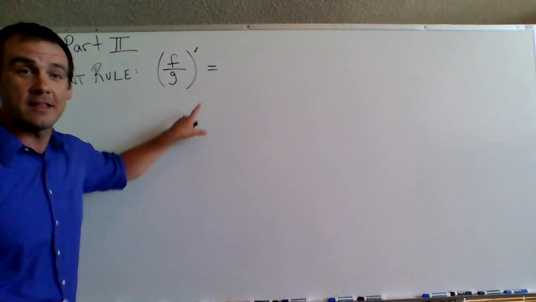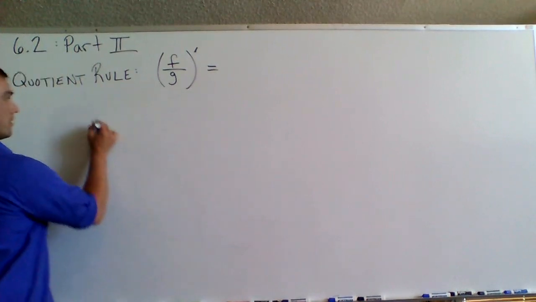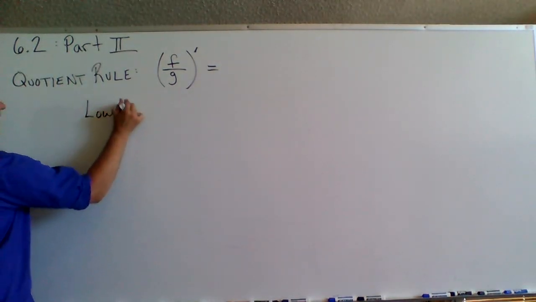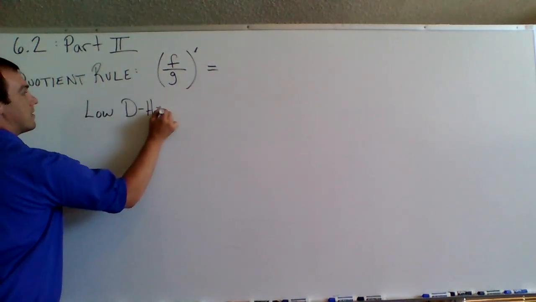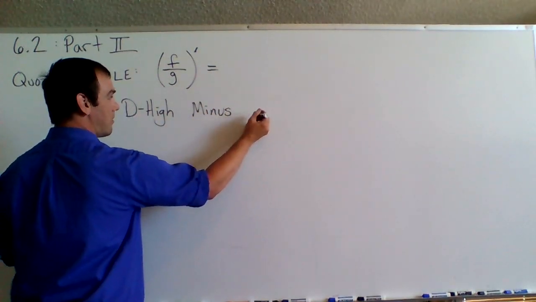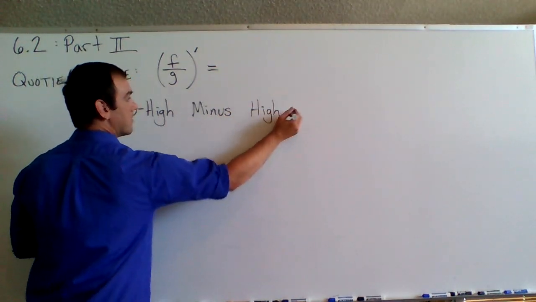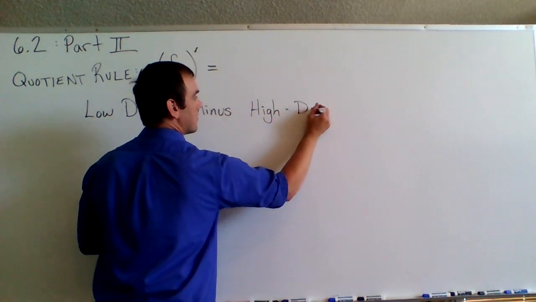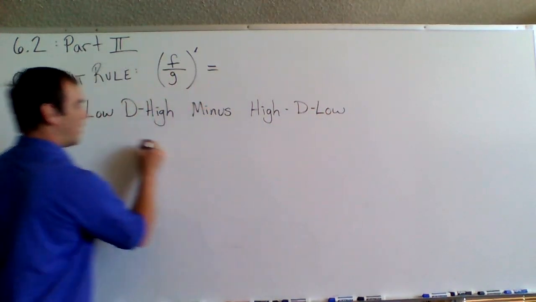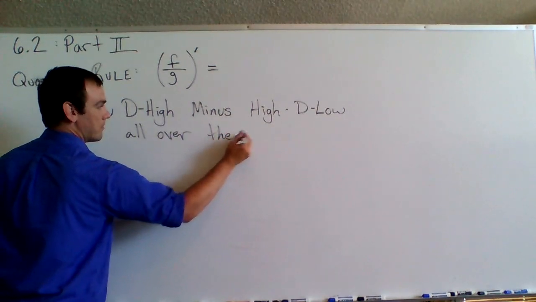Alright, so what the heck does that mean? Let's write it out in words. Low d high minus high d low over the square below.